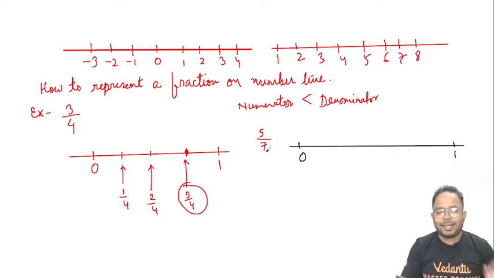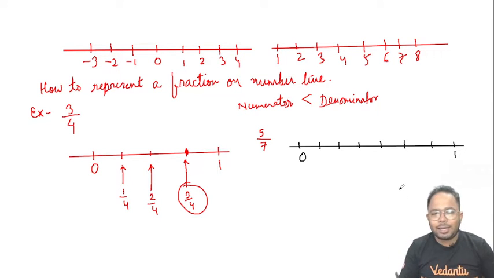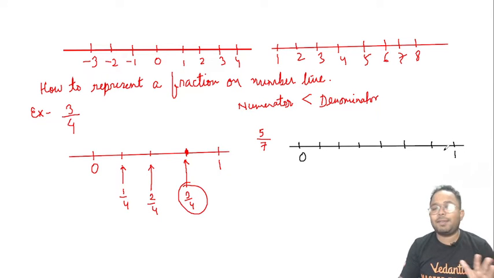For 7 parts, we have to make 6 lines, and these should be equally spaced. So I have made 6 lines which divided it into 7 parts: 1, 2, 3, 4, 5, 6, 7.